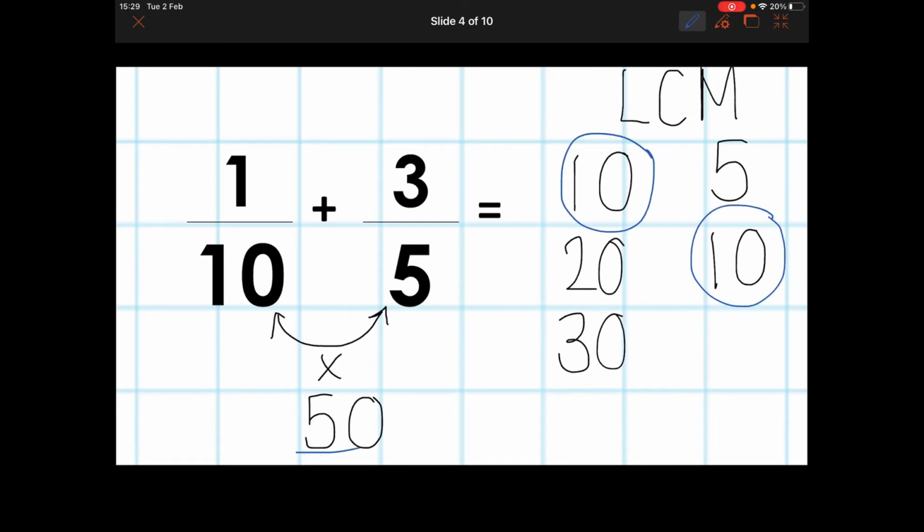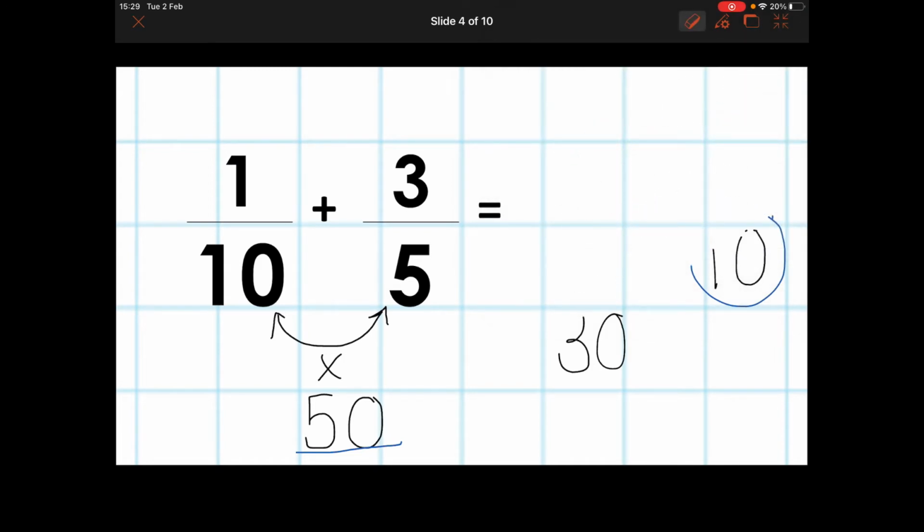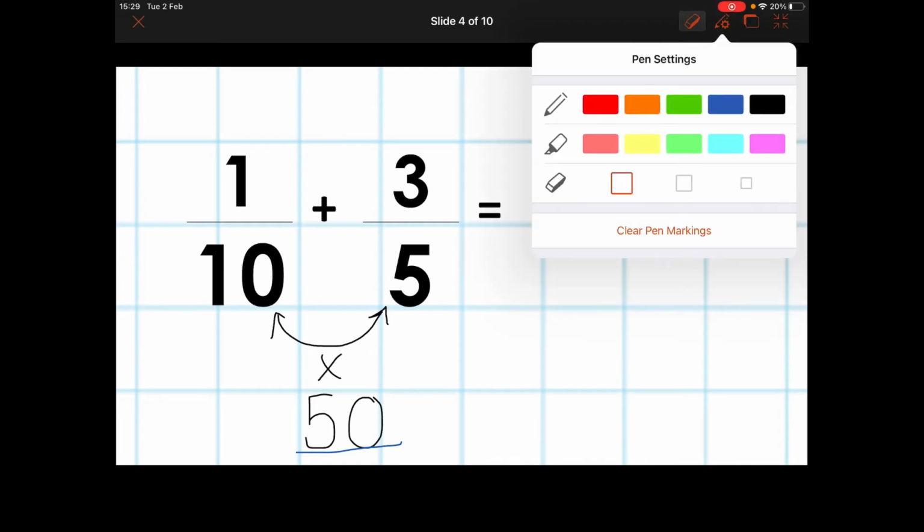So although here I got a common multiple, 10 is in fact the lowest common multiple. So you must be careful if you're going to multiply the denominators together, and watch that you are actually using the lowest common multiple.